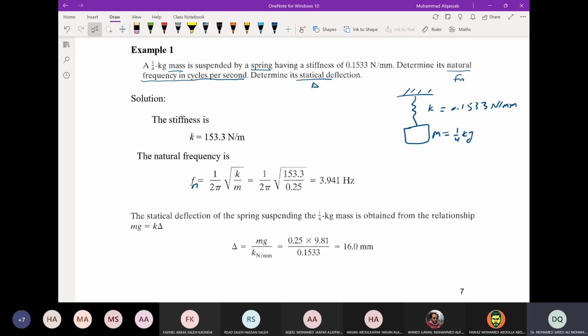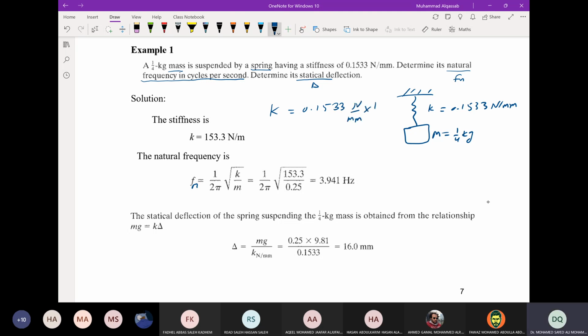So fn is 1 over 2 pi square root of k over m. k has to be converted to Newton per meter. So k equals 0.1533 Newton per millimeter.